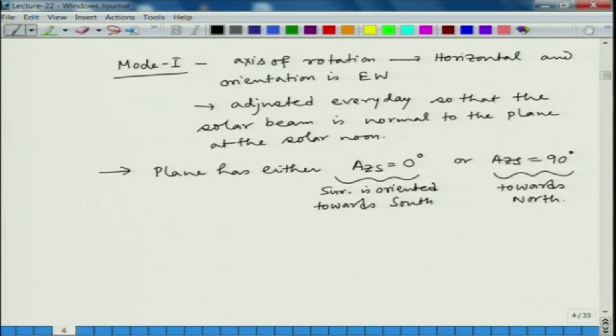Sorry, this is not 90 degree, this should be 180 degree. So, towards north is 180 degree, and the other one will be for southern hemisphere. So, all through this course what we will use? We will do the derivations for northern hemisphere, and the same thing can be done for the southern hemisphere. Okay. So, we will skip the southern hemisphere part more often than not.